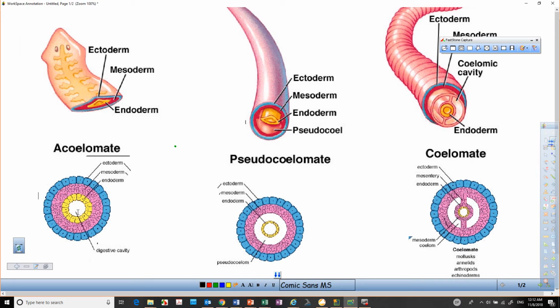In a pseudocoelomate, you'll notice that there is an outside layer, there's a middle layer, the pink, and then there is some space. And then we get to the inside layer. And that space between the pink, middle, and the yellow, inner, that is the body cavity. So as you can imagine, this organism rolling around, like picture that being you.